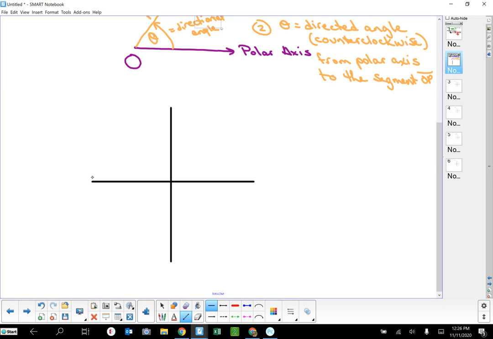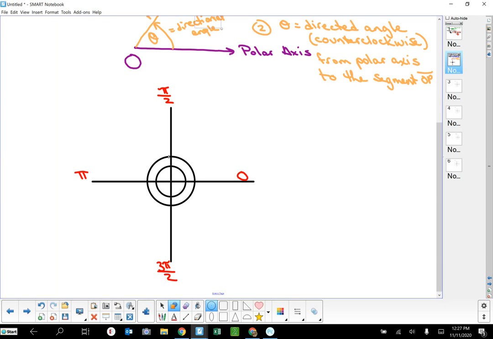If you think about your unit circle, these represent 0 degrees, pi over 2, or 90, pi, and 3 pi over 2. So they go around that way. And then with your polar coordinates, we have these circles that come out equidistant from each other. So we'll explain how this works.